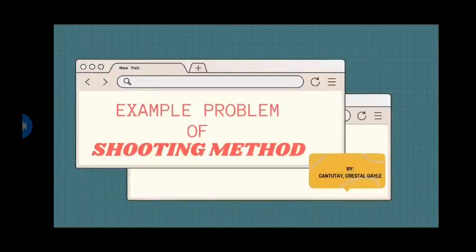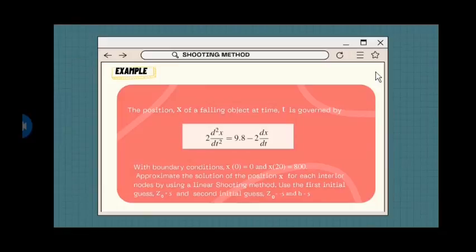For a better understanding of what the shooting method is, let's try one example. Here, the position x of a falling object at time t is governed by this equation: 2 times d squared x over dt squared is equal to 9.8 minus 2 times dx over dt, with boundary conditions x of 0 equals 0 and x of 20 equals 800.